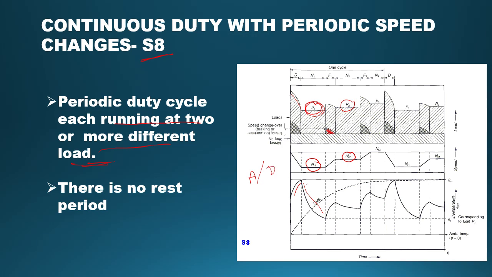If the speed increases, then we have to accelerate the motor, and if the speed decreases, we have to decelerate the motor. In this case, the speed is more, therefore we have to accelerate the motor. In case of acceleration or deceleration, we know that the motor draws a larger current than in normal operation, therefore there is a temperature rise in this period.